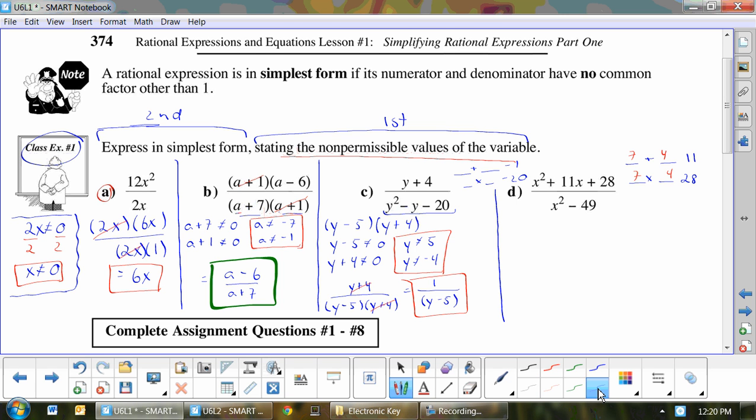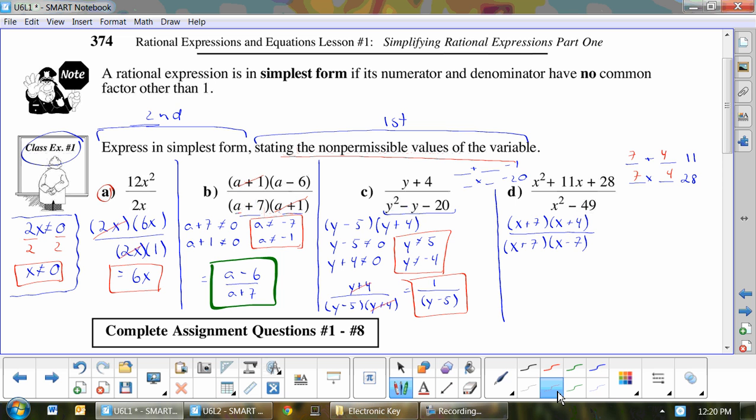That factors out our top. We have x plus 7 and x plus 4. Can someone put up their hand and let me know how we would factor the bottom? Yeah, Kevin? Difference of perfect squares. So, yeah, perfect. x plus 7, x minus 7.